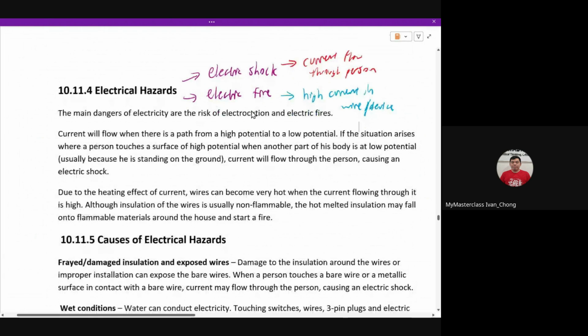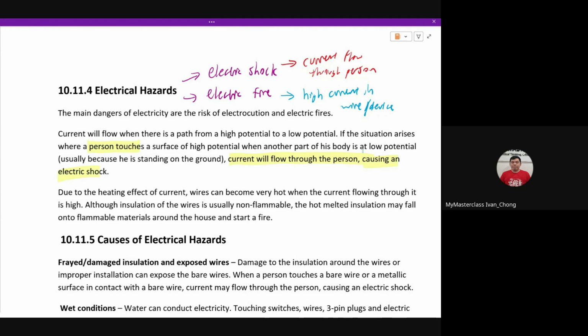It's very dangerous, right? So you can see over here, electric shock is when you touch. Over here, current will flow through, and you have an electric shock. You see this high potential part is when you touch any wires, right? Don't need to worry about us. We are always low potential because we are touching the ground.